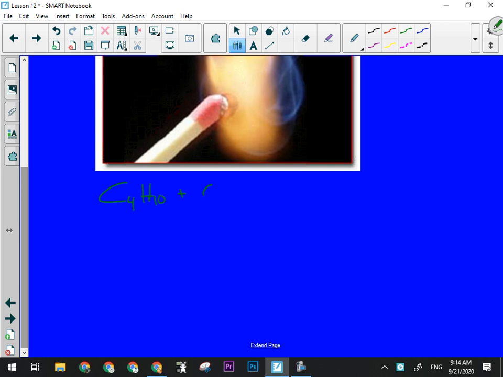Let's look at, let's say, C4H10. I want to balance this. I'm going to follow the rule I told you on the last one and balance it in alphabetical order. How many carbons here? 4. So I'm going to put 4 here. How many hydrogens? 10. So what am I going to put here? 5.